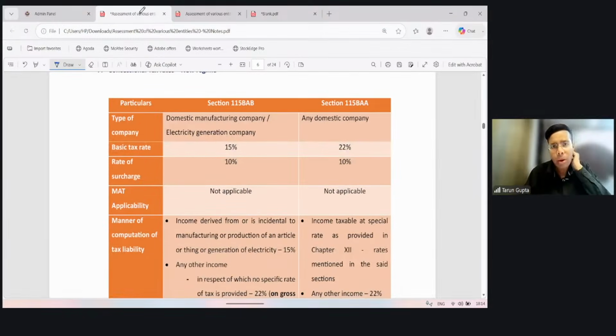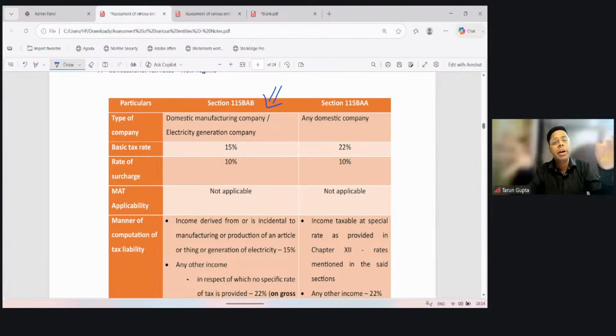One benefit is provided to new manufacturing companies or new companies engaged in generation of electricity under section 115BAB. So what does 115BAB say? It says if you are a company incorporated on or after 1st October 2019 and you have commenced the manufacturing of any article or thing or generation of electricity on or before 31st March 2024.